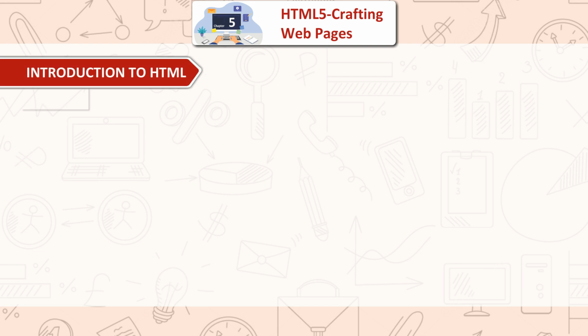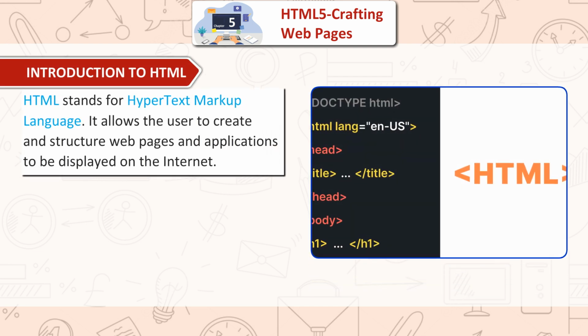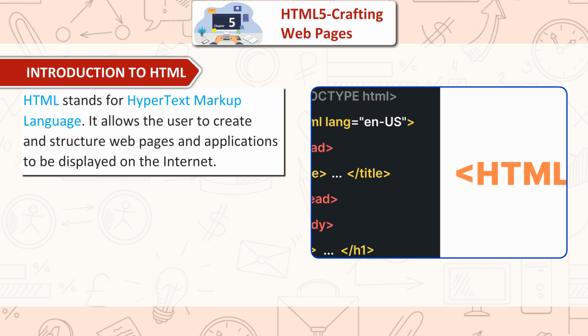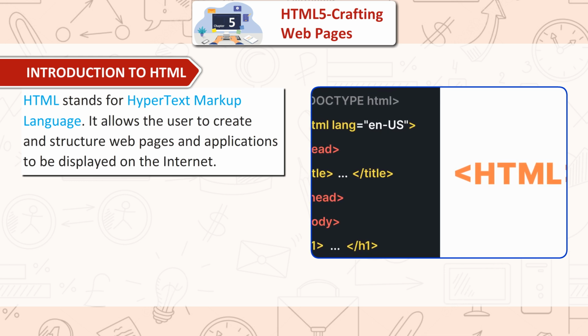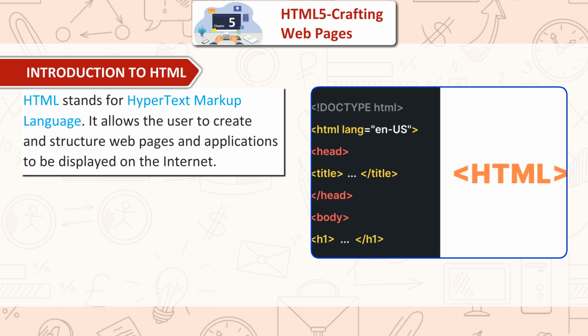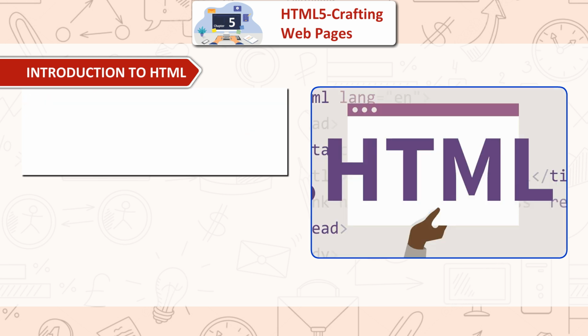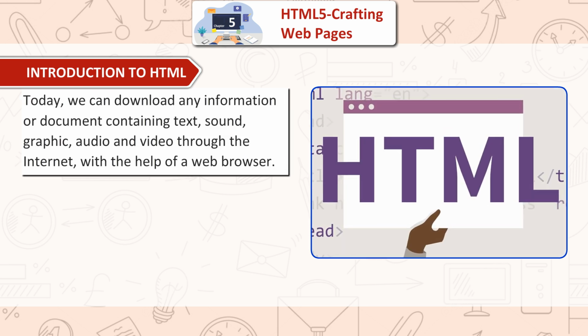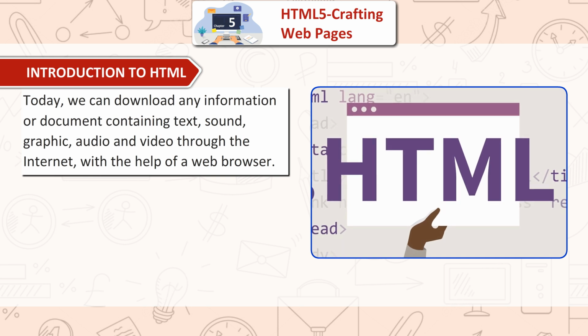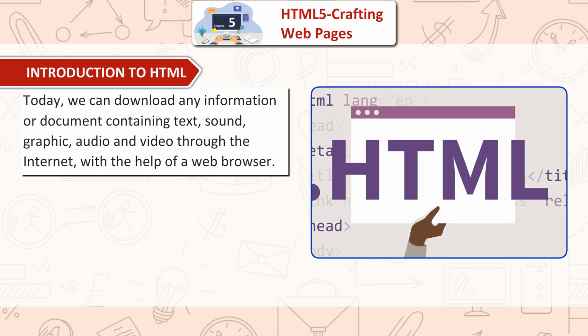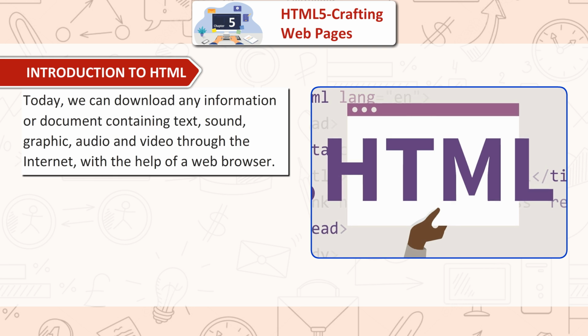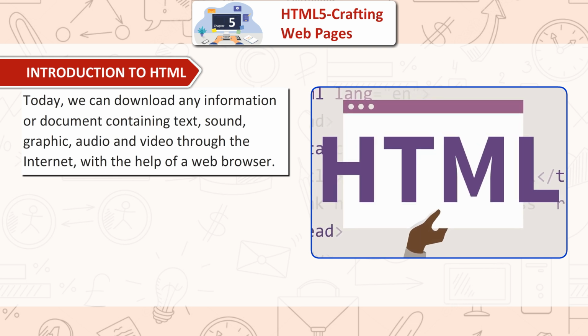Introduction to HTML. HTML stands for Hypertext Markup Language. It allows the user to create and structure web pages and applications to be displayed on the Internet. Today we can download any information or document containing text, sound, graphic, audio, and video through the Internet with the help of a web browser.